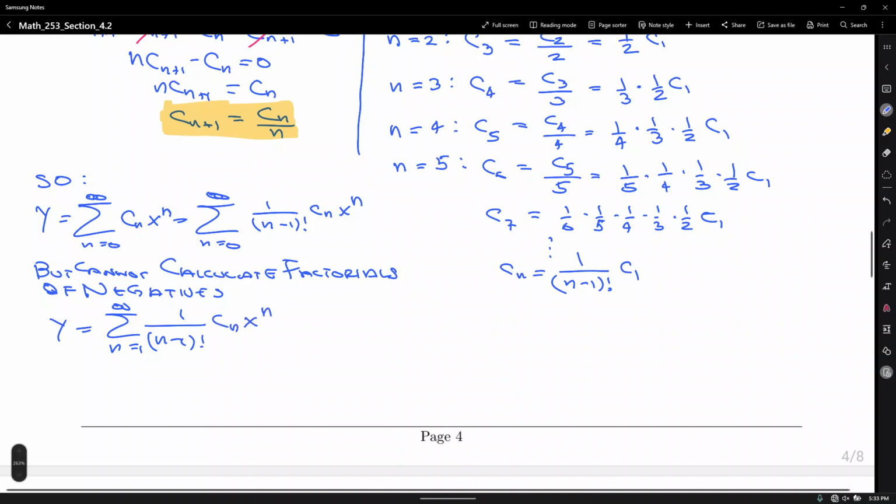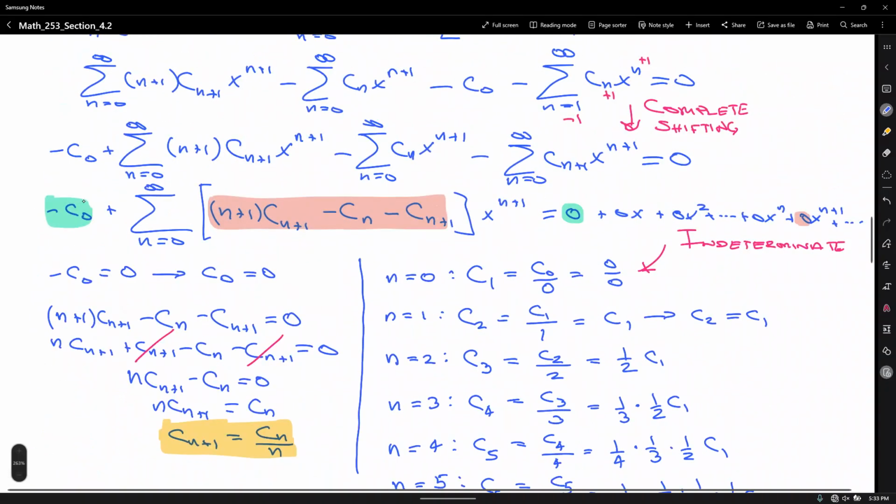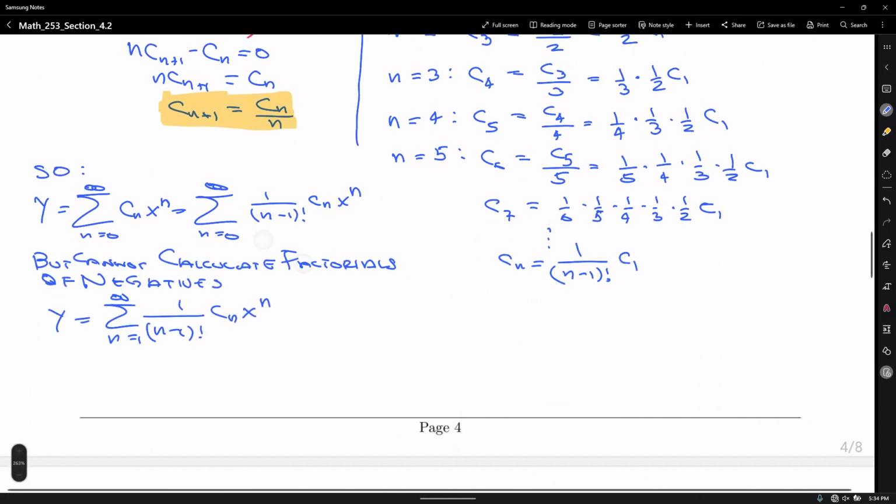And the reason why we can do this is because, remember the c sub 0. What is c sub 0 equal to? Wasn't that equal to 0? So it doesn't matter if I just change the series to n equals 1. This is one of the weird parts of the solutions by series.